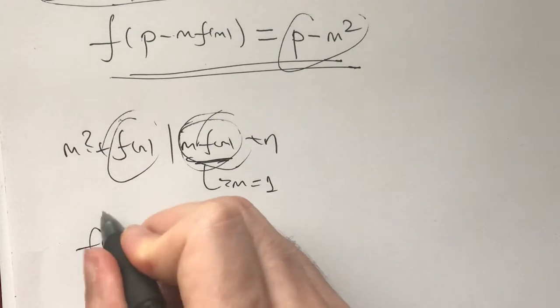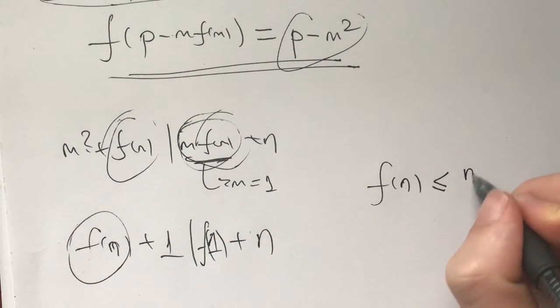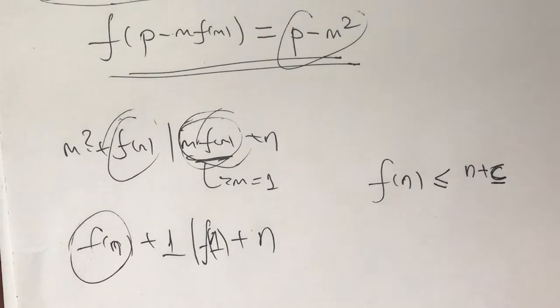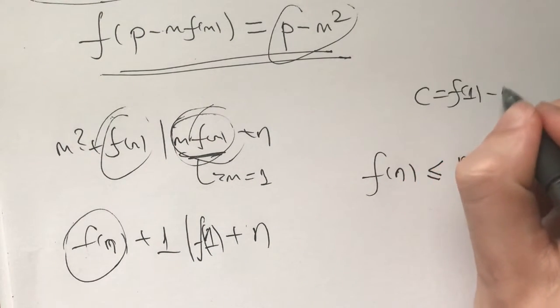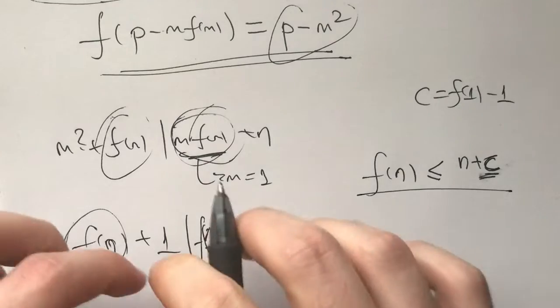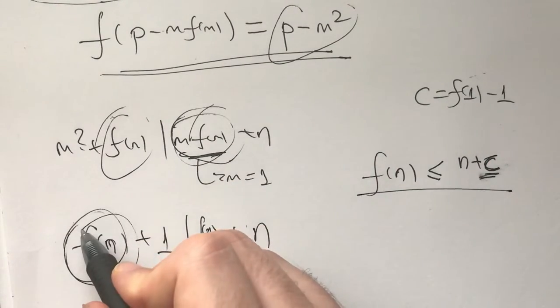So this says that f of n is at most n plus some constant, and this constant is fixed. This constant is f of 1 minus 1. So I have a bound on what f of n can be.